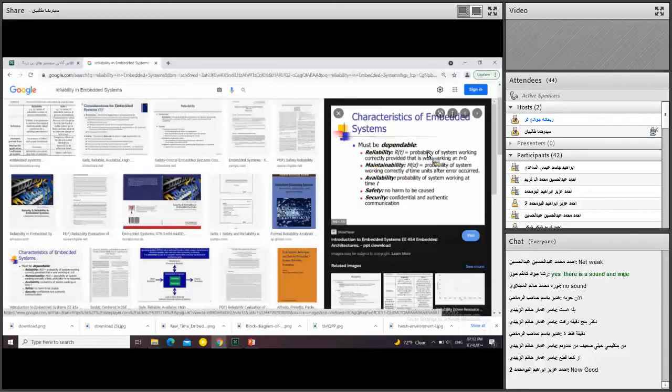Reliability is the probability of system working that works correctly. Maintainability is the probability of system working that works correctly, but after an error. It shows us that the system can correct its error. For example, an error occurred in the system.